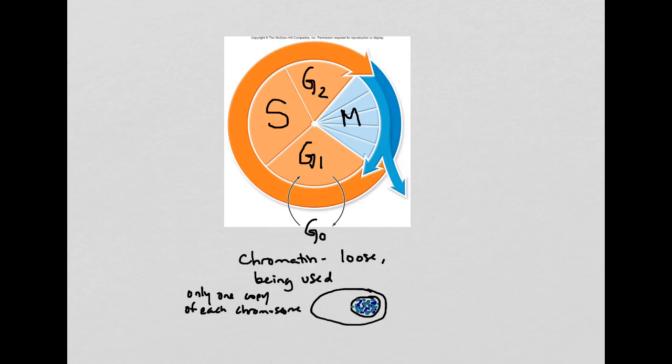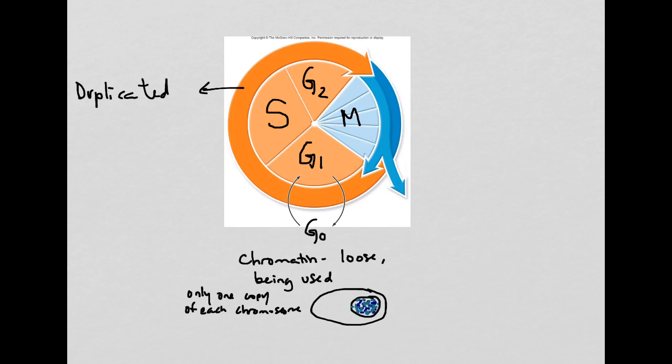It has to go through synthesis, so it has to replicate its DNA. So during synthesis, DNA is replicated. And so the chromosomes go into a duplicated state. They're duplicated, and they are copied. Remember the semi-conservative replication.